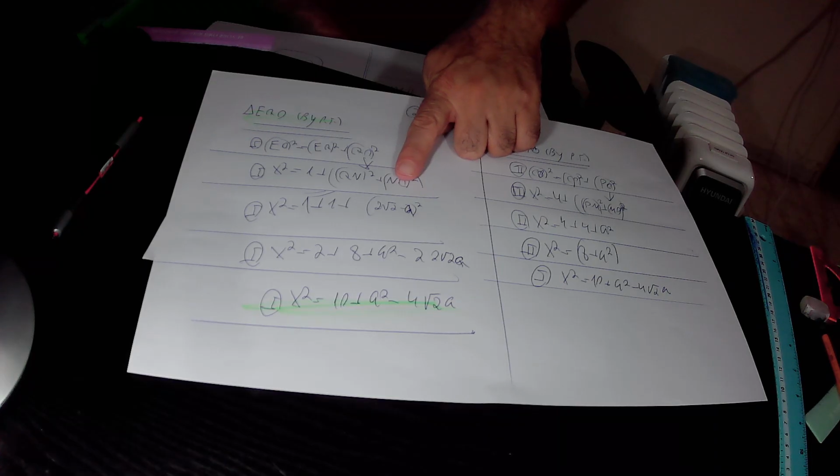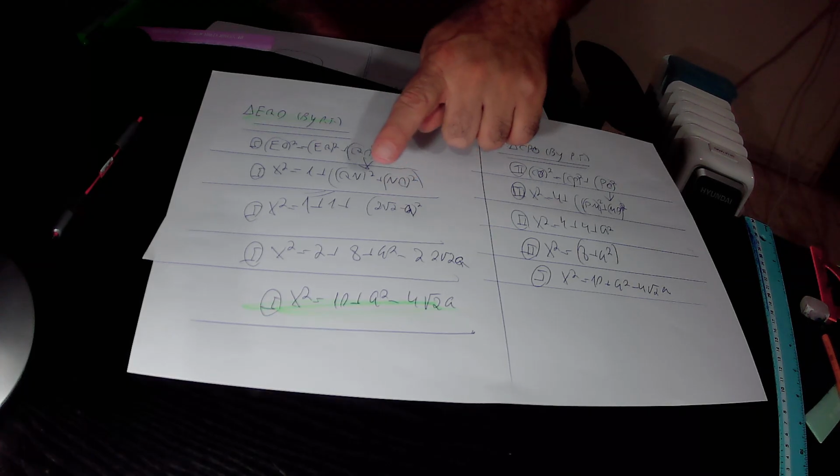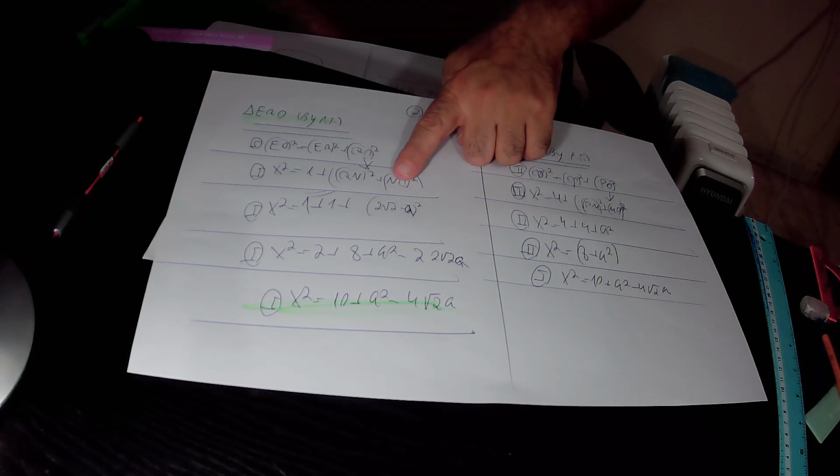So open the brackets of this expression. 2 times square root of 2 minus a squared equals 2 times square root of 2 squared, that is 8, plus a squared minus 2 times 2 times square root of 2 times a.